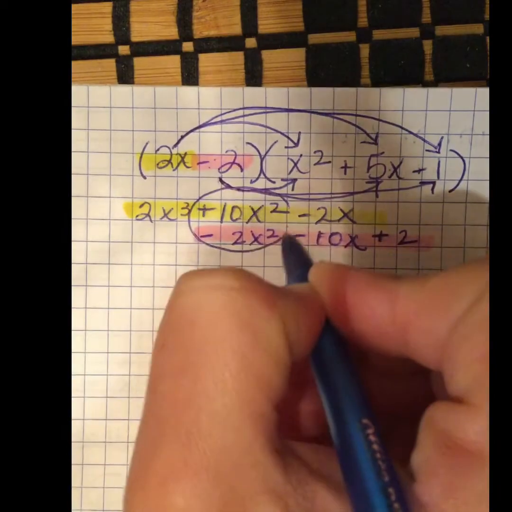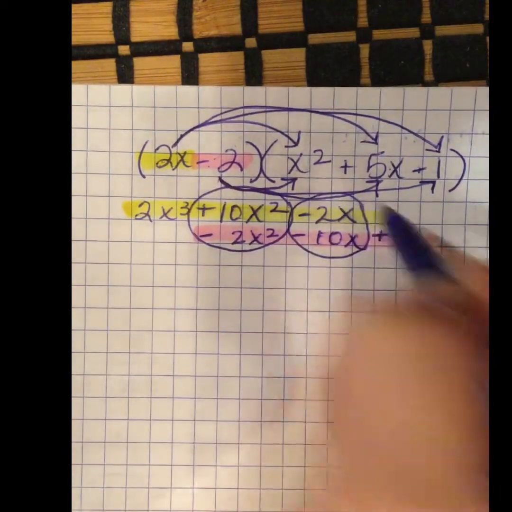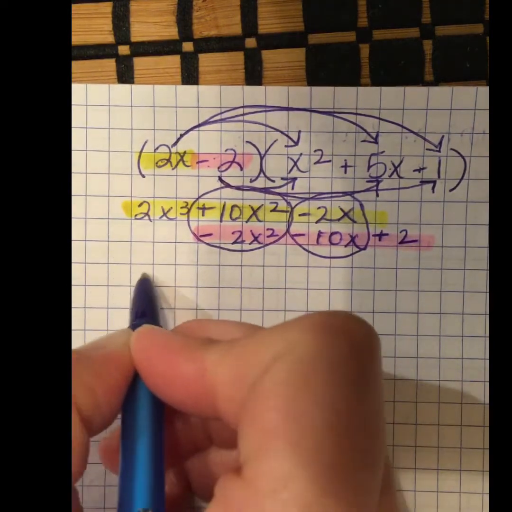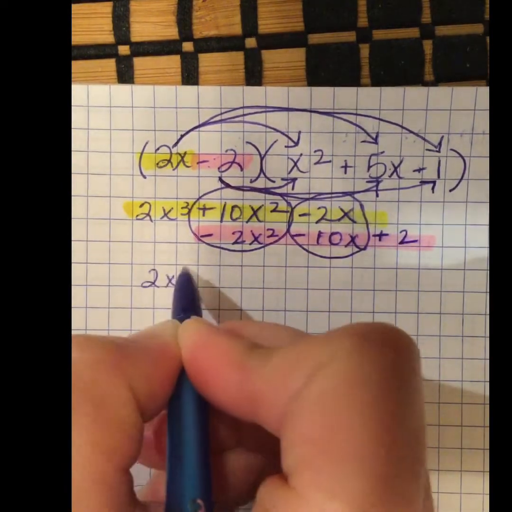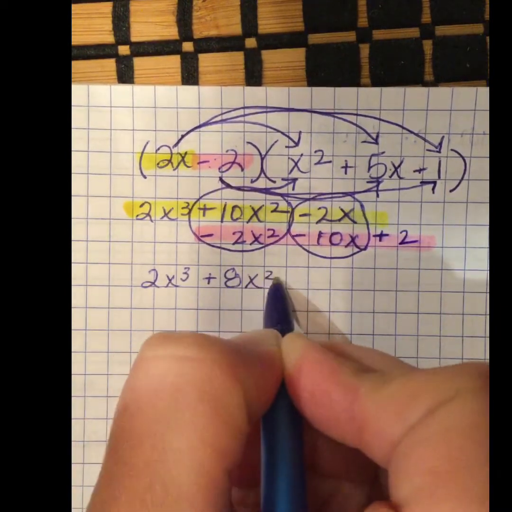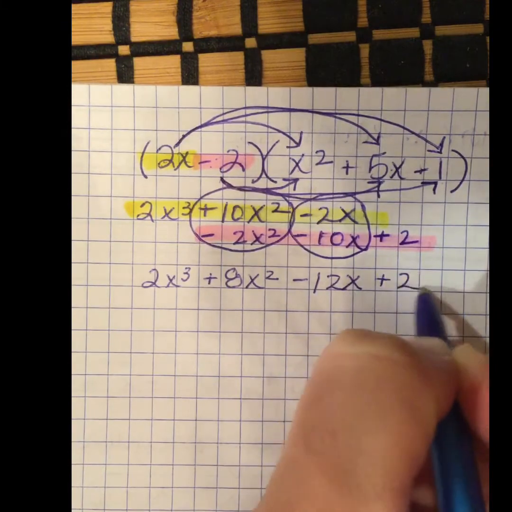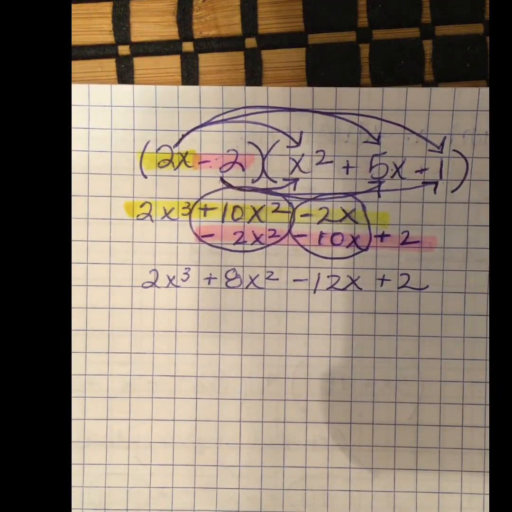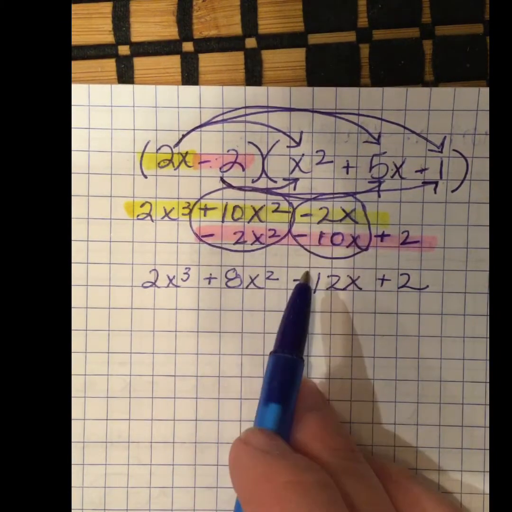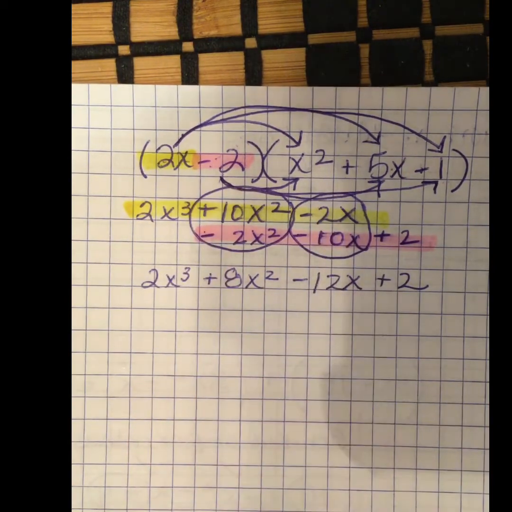So I know that these get combined, and I know that these get combined. So I end up with 2x cubed plus 8x squared minus 12x plus 2. And all of a sudden, combining like terms is a no-brainer, especially because they're stacked.